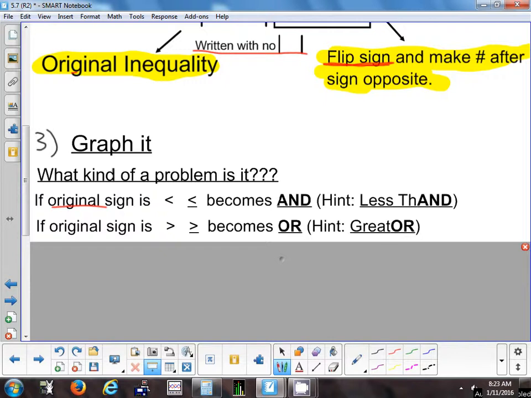If you have a greater or greater or equal, we're just saying it a little different so you can kind of get the hint here. Greater is an or. Okay, so anytime your original problems have greater than or equal to, we're going to use an or in step 3. Less than or equal to, we're using and.